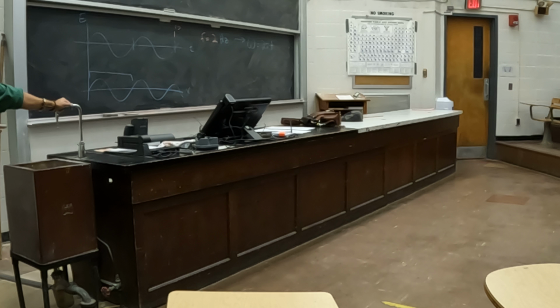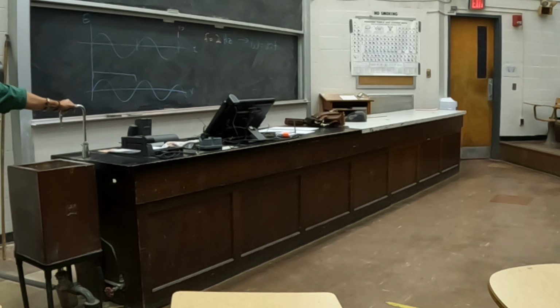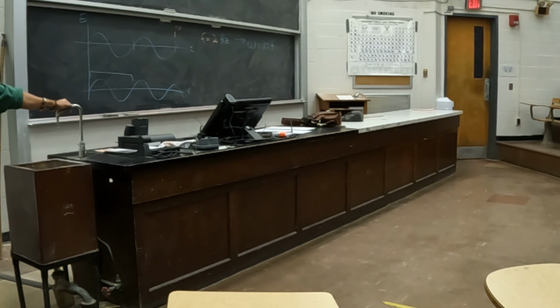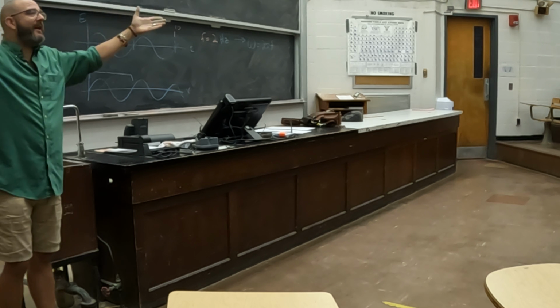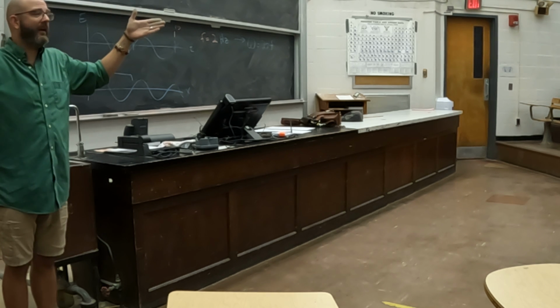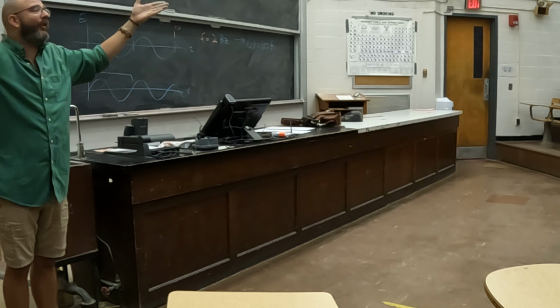What is that? It's okay if you're wrong, just say an answer. You guys know this. It's the wavelength, right? Yes, I see nods. You know that word. It's how much of that wave, how long 1 cycle of that wave is, right?